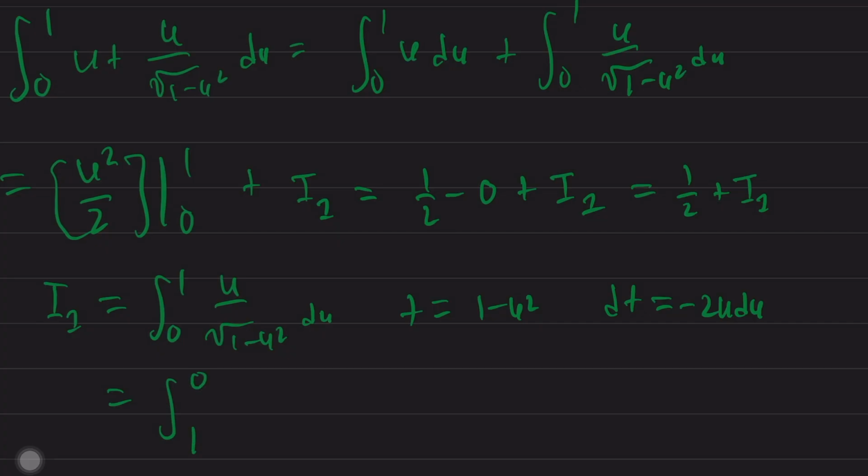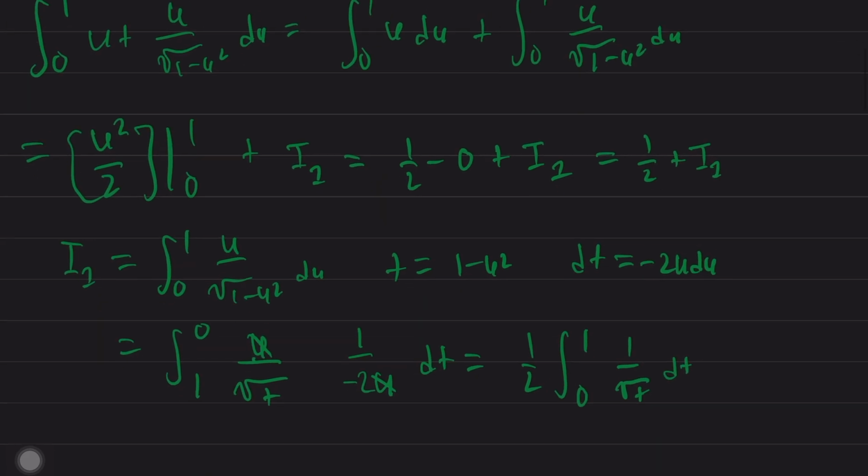Now we have 1 over negative 2u times u over the square root of t. The u's cancel out. Then we have our dt here. Notice that this is from 1 to 0, so the negative we can use to flip this to go from 0 to 1. 1 over the square root of t dt.